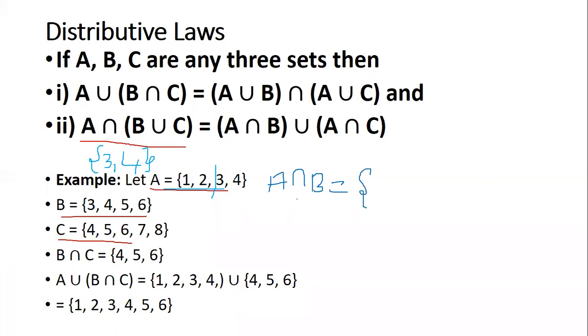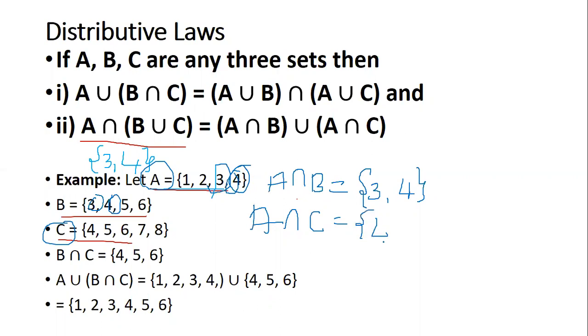So between A and B, what is the intersection? Again, we have 3 and 4. And what is the other one? A intersection C. Between A and C, what is the common element? 1, 2, 3 is not common, only 4 is common. So we have 4.